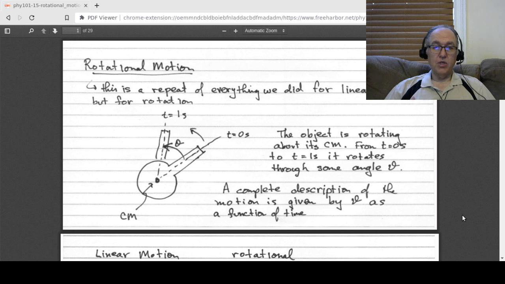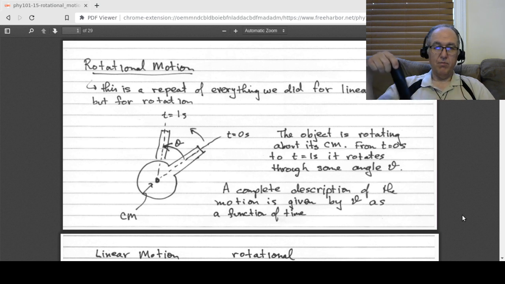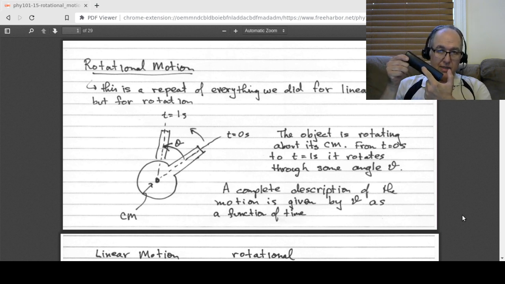When this rigid extended object moves, you can analyze the motion as having two components. One is the motion of the center of mass, and the other is the motion around the center of mass. It's important to break it up that way. I gave the example of my remote. If I throw my remote up into the air, unfortunately I can't do this demonstration for you, but you can imagine the middle of the remote, the center of mass.